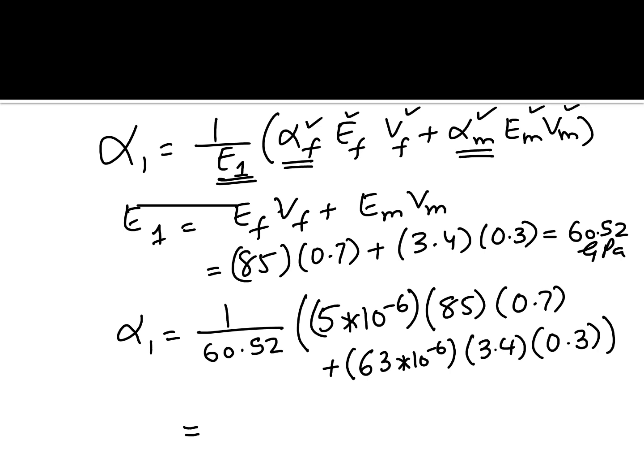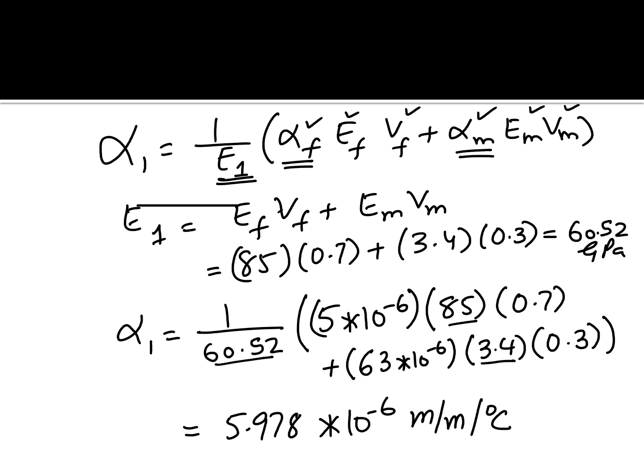So if we do these calculations, we will get 5.978 times 10 to the power minus 6 meter per meter degree Celsius. We didn't have to convert the Young's moduli into pascals because it canceled with this one. But it's a good idea to convert everything into the SI system of units, so that one does not make a mistake in the order of the calculations.